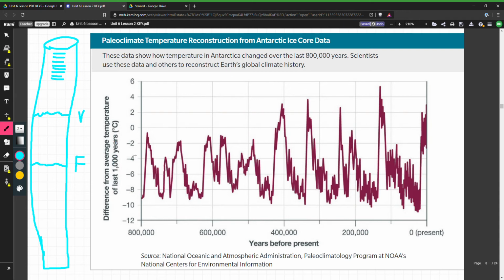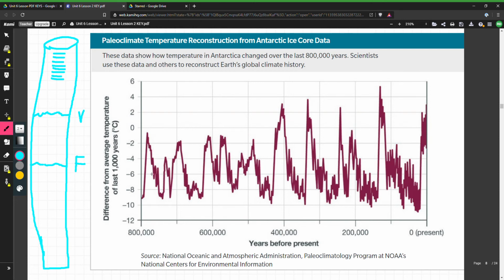So this is a difference in average temperature over the last 1,000 years. Every mark on here is basically the average temperature difference over 1,000 years. So there's 800,000, right? So basically there's 800 points along here that make these lines.